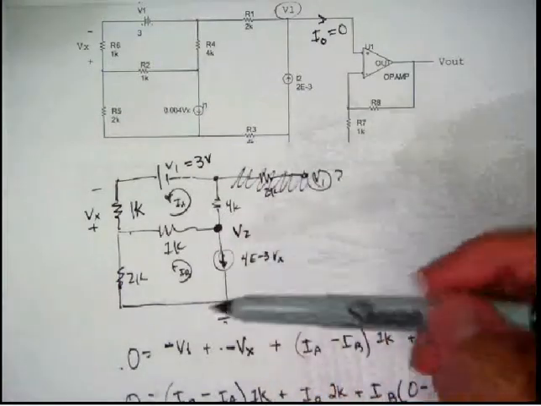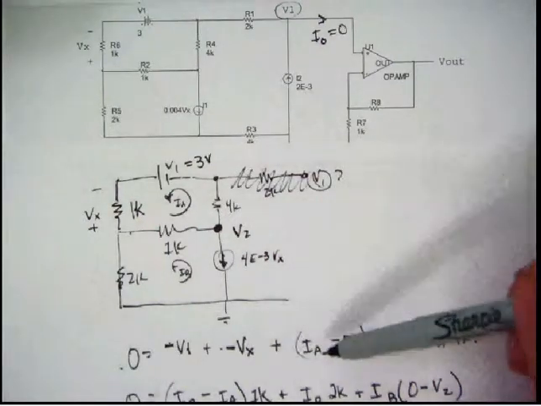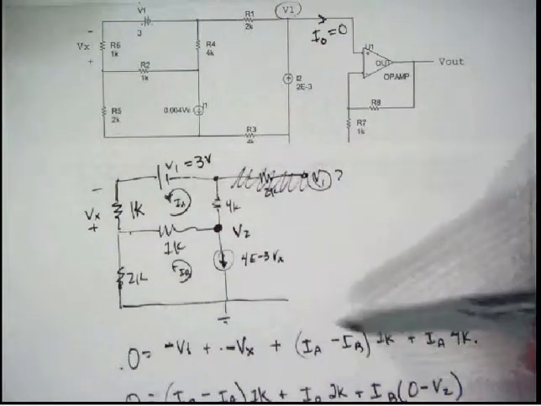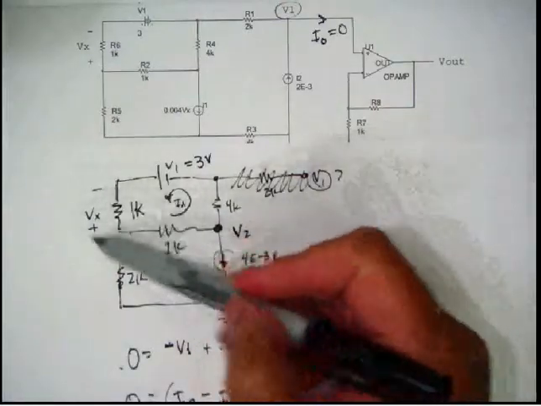Let's see, so we have 1, 2, 3 unknowns, so we need another equation, which I think we can generate right here.